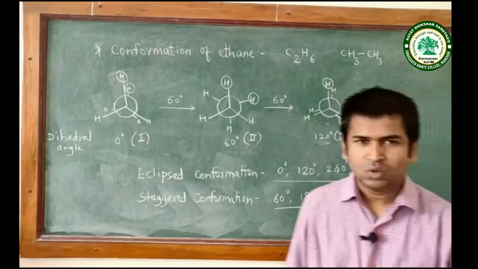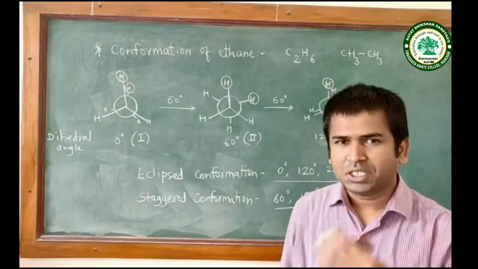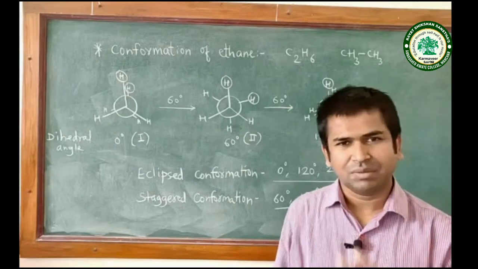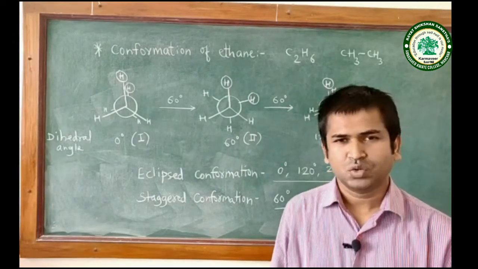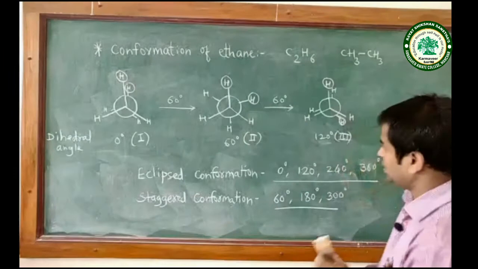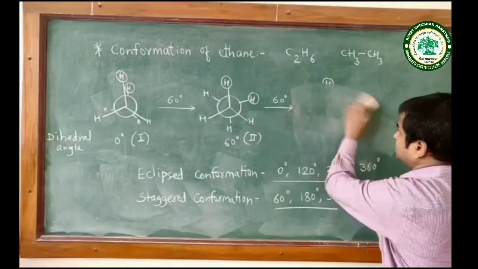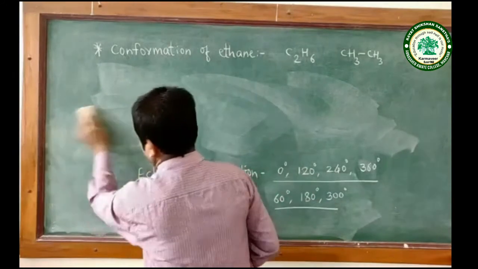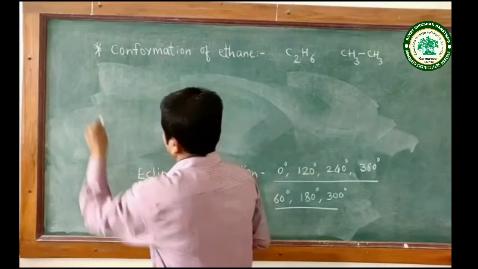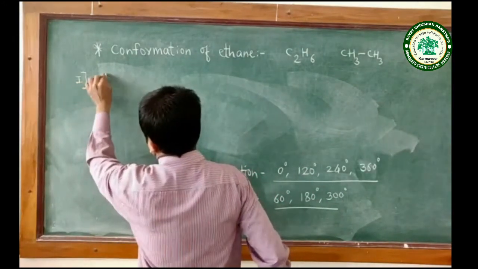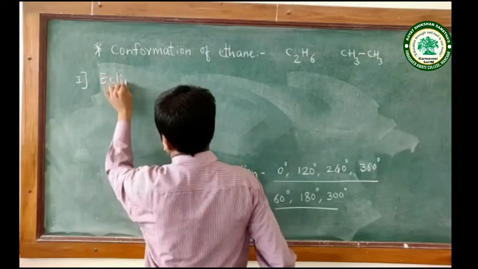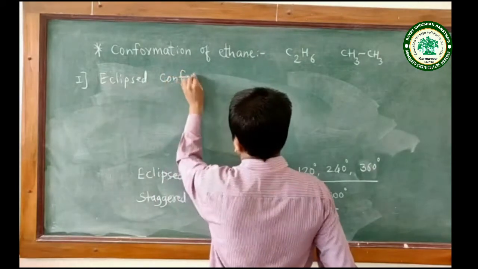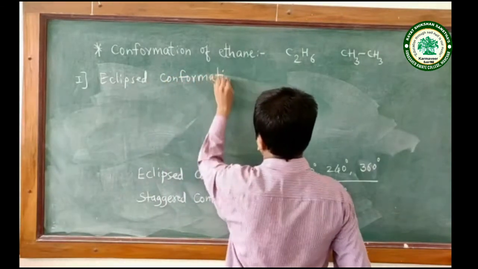Now come to the next point. What is eclipse conformation and what is the staggered conformation? What is the stability of these two structures? Okay. So we see eclipse conformation of ethane.